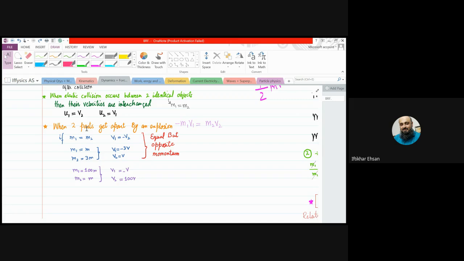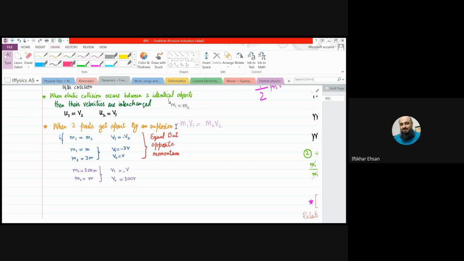If an object at rest explodes, blasts into two parts, then both parts will have equal but opposite momentum. Why? This will come in the exam many a time. Because according to conservation of momentum, initial momentum and final momentum should be the same.